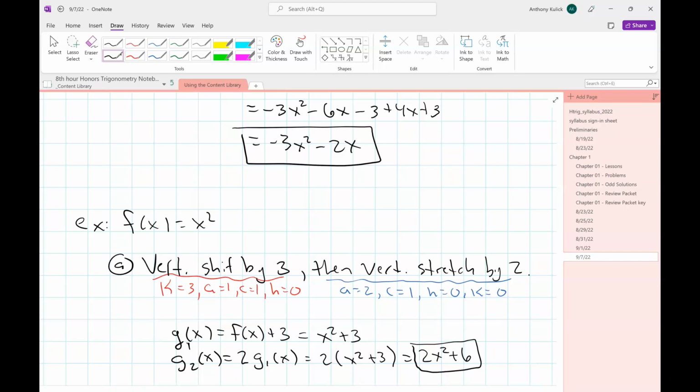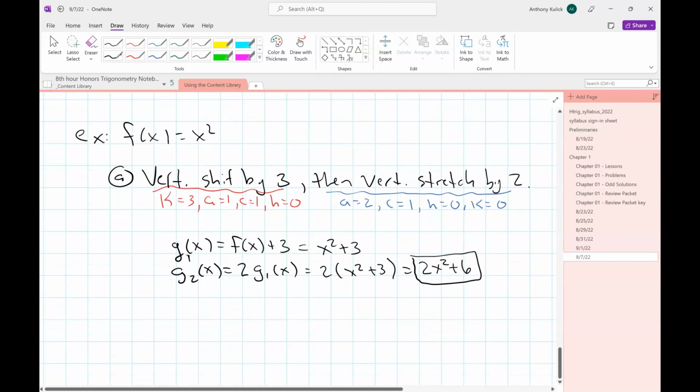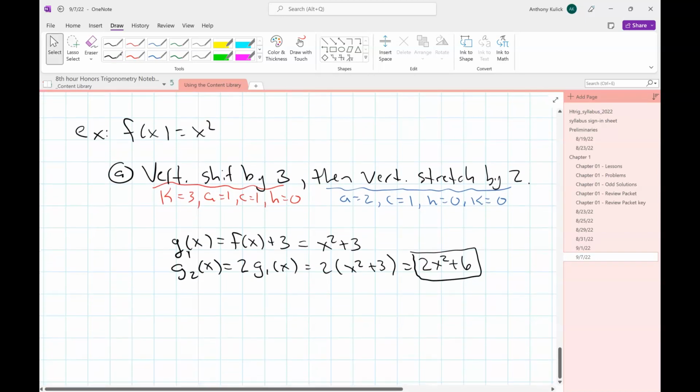So after step 1, we get x squared plus 3. And then when we do step 2, we get 2x squared plus 6. You guys see how I notated that? I did these as 2 separate steps, not the same thing happening at the same time. Because the order matters.